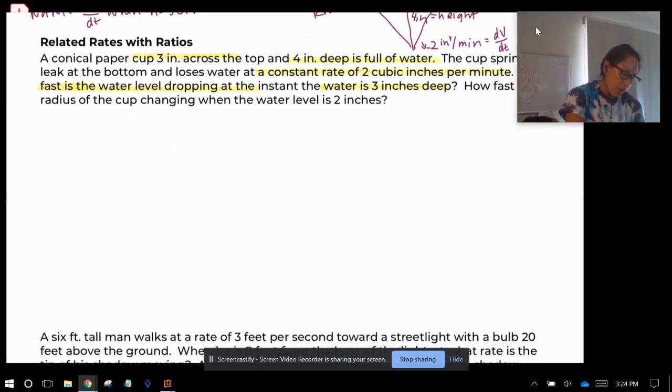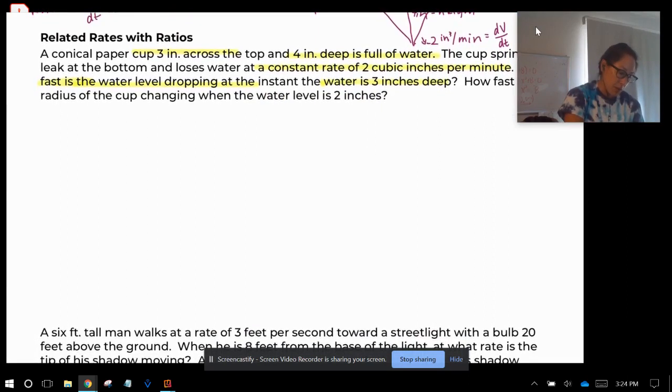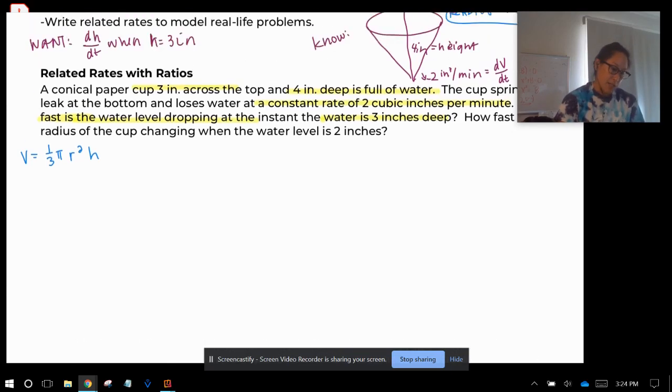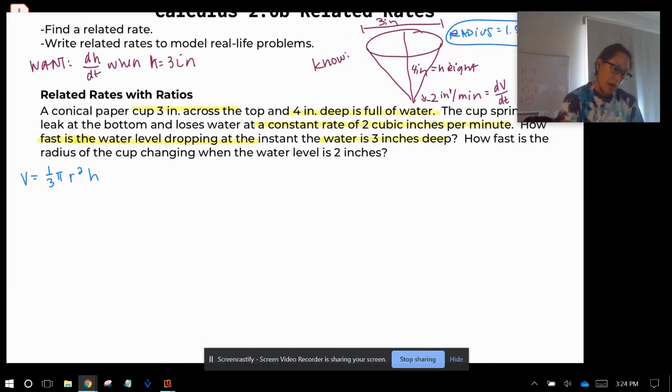So volume is equal to 1/3 pi r squared times h. And I can see a whole bunch of variables here: volume, radius, and height. So I kind of want to get rid of one of them. And I can because I know that the shape on the top of the cone right there is a right triangle.